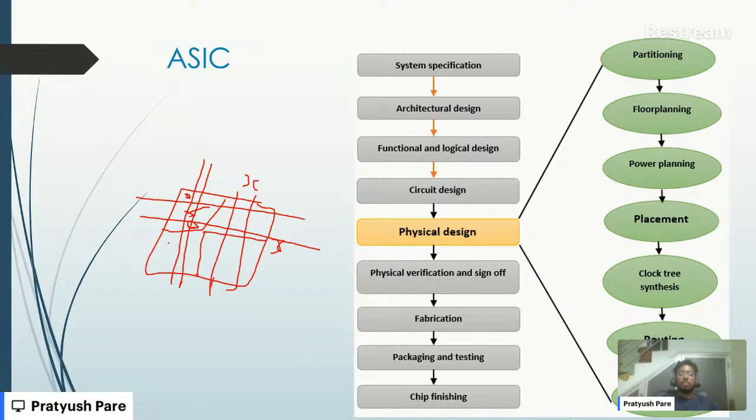Then the main thing, a very interesting topic where lots of research is going on, and we have many methodologies for clock tree synthesis. Let's say I have an IP here and an IP here. If the clock comes in and goes here and here, naturally we will have more delay due to the wire length to the clock of this IP. But we don't want that, because there may be a chance that the data from these IPs would be given to some other IP which would be utilizing it.